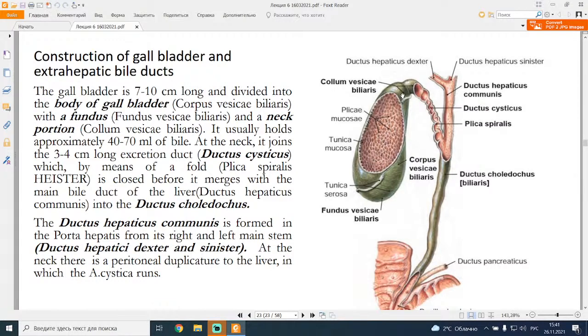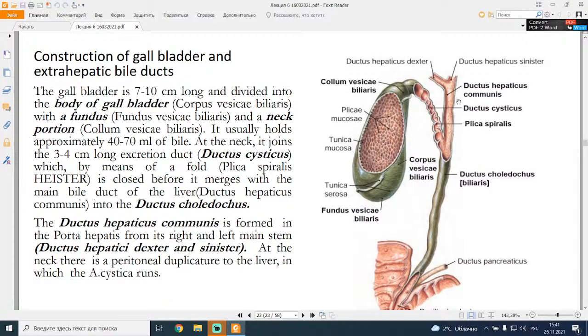It usually holds approximately 40-70 milliliters of bile. At the neck, it joins the 3-4 centimeter long excretory duct, ductus cysticus, which by means of a valve, plica spiralis, is closed before it merges with the main bile duct of the liver.